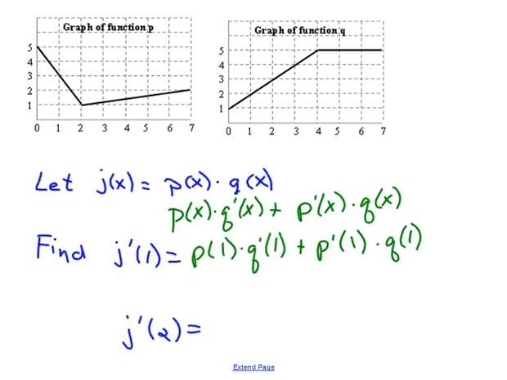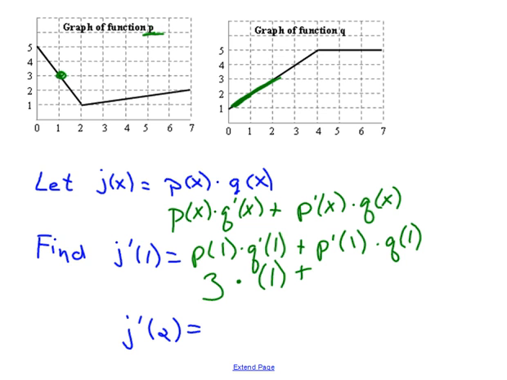So p of 1, this is my p function, so I go to 1, and my p value is 3. Now remember, the derivative is the slope of the tangent line. So at q prime of 1, we're not looking for that value, we're looking for the slope of that line, and as you can see, it's going up 1 over 1. So that is just going to be 1.